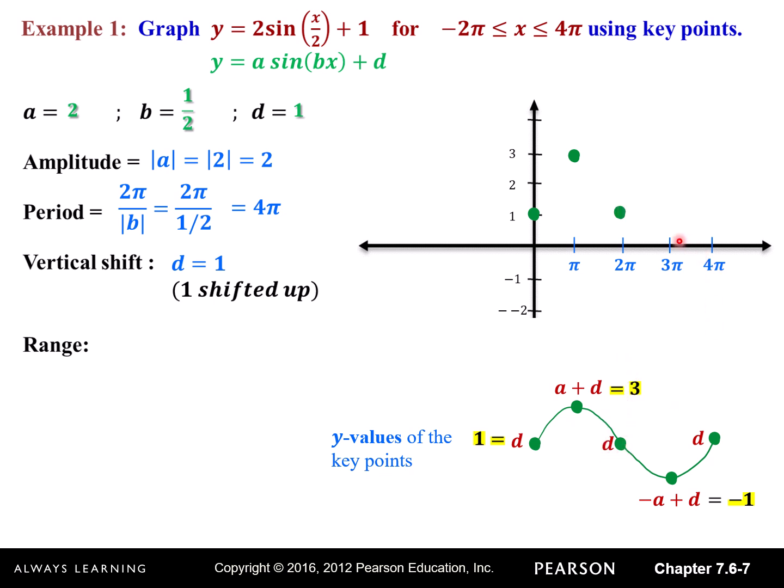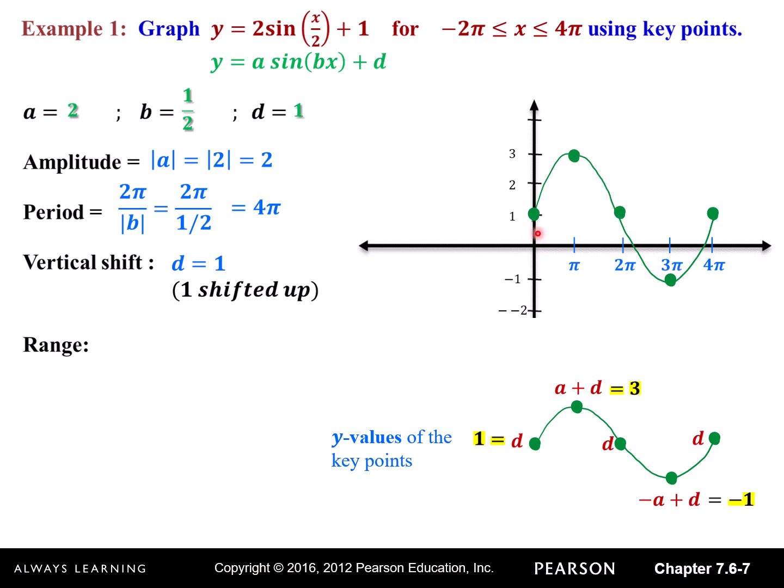The next angle is 3 pi, where the y value is negative 1, so 3 pi, negative 1. And then the last angle is 4 pi, and the y value is 1, so it's 4 pi, 1. Here, you can connect these points using a smooth curve to draw the sine wave.